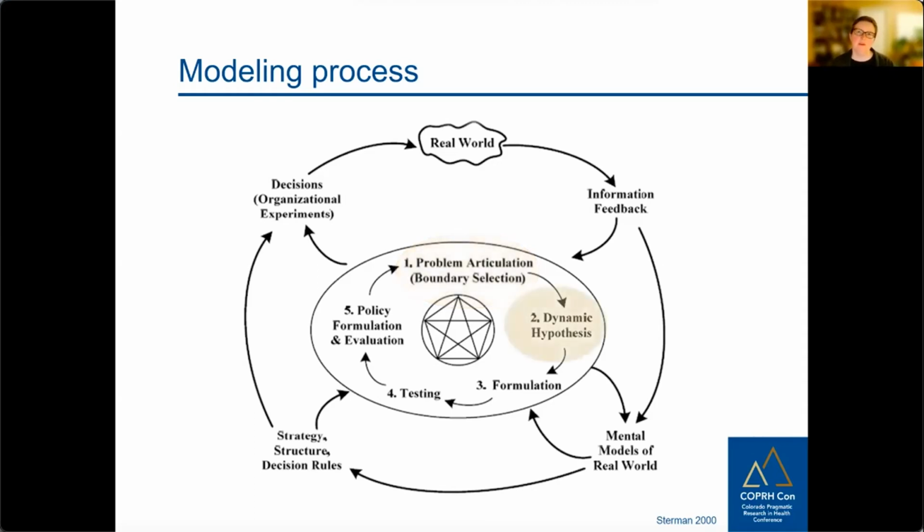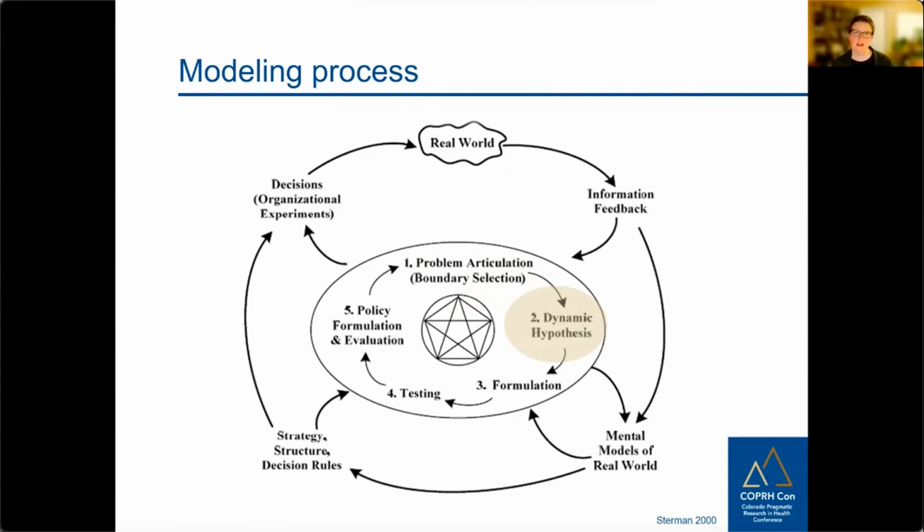Then as a team, you develop what's called a dynamic hypothesis, which is a working theory or understanding of how the problem arose and is perpetuated. In the cancer screening example, the dynamic hypothesis would describe what the study team thought about the causes of low screening rates and the interactions between those causes. A dynamic hypothesis reflects the mental model of the people involved and can change as they get new information.